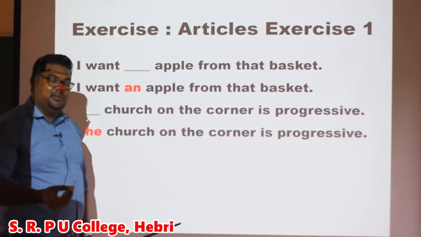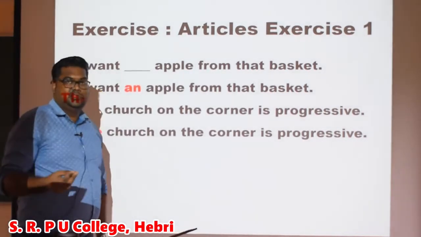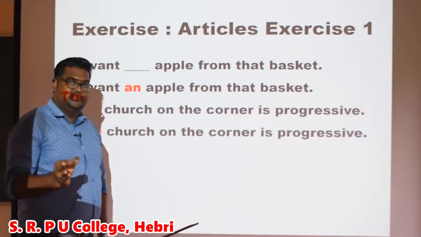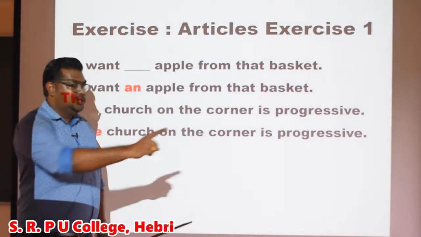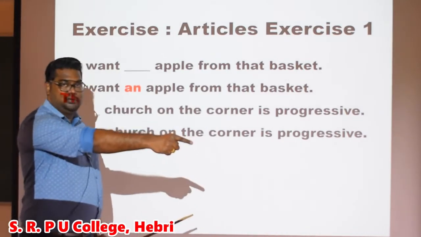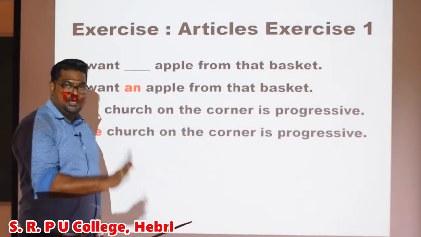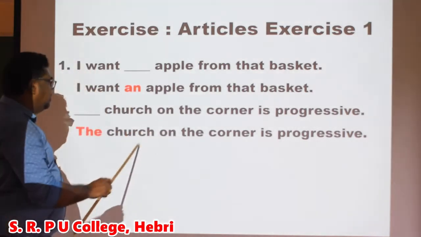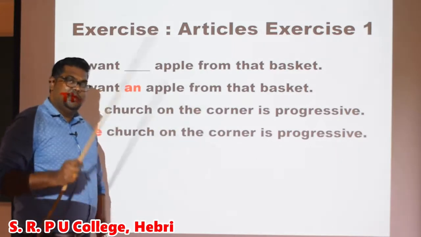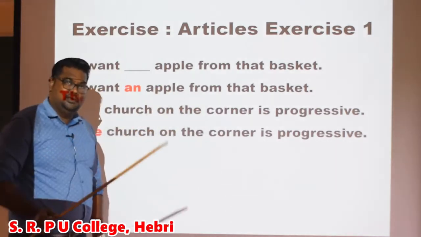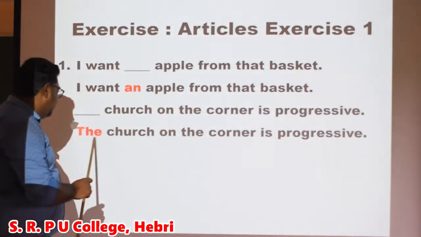When you are particular about a place or person or thing, then we are supposed to use definite article the, because we know which church we are speaking about. The church on the corner, we are giving the right detail, on the corner. So when you are referring to a particular place, person, or thing, we use definite article the.